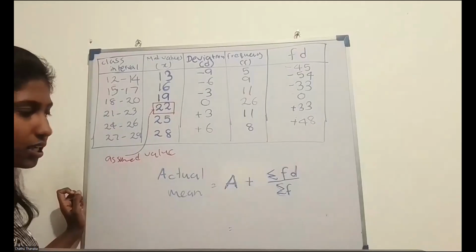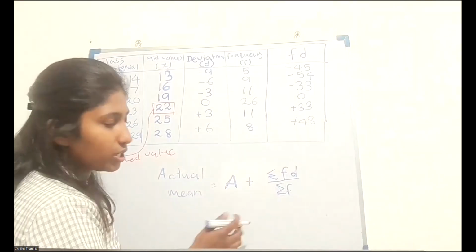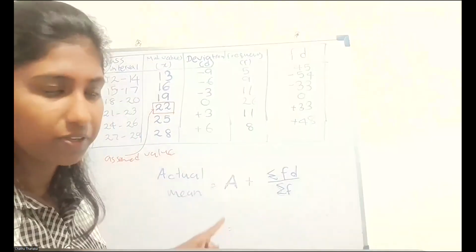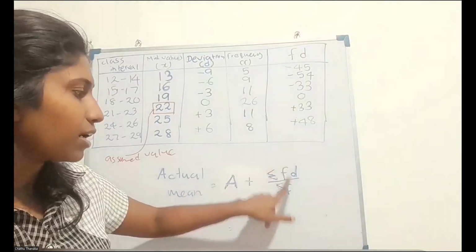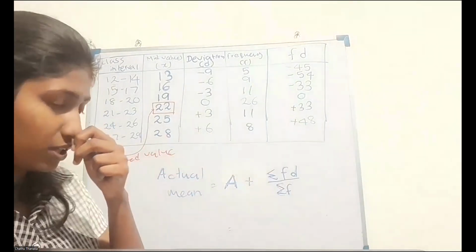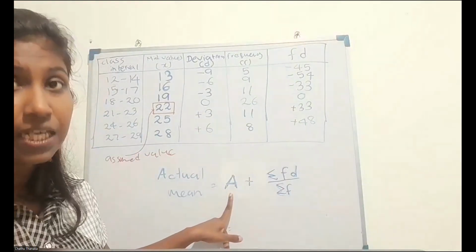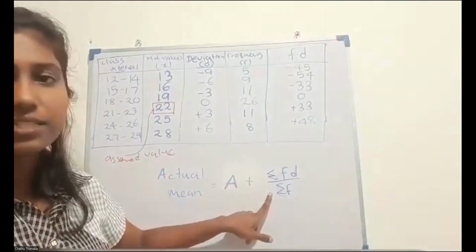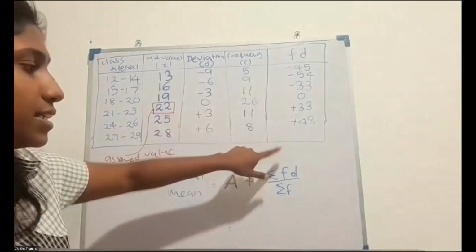Okay. So according to this equation, to find the actual mean, we have to find A, sigma FD and sigma F. Already we have got the answer for assumed value. For this assumed value, we use A. Then we have to take sigma FD and sigma F. You have to get the sum.